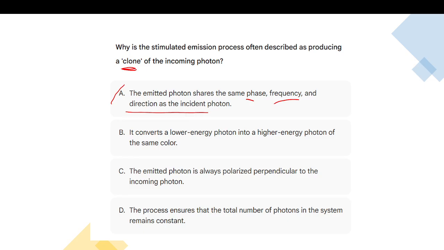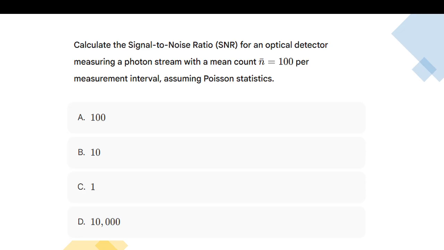Now the next question. Calculate the signal to noise ratio, SNR, for an optical detector measuring a photon stream with a mean count n bar of 100 per measurement interval, assuming Poisson statistics.